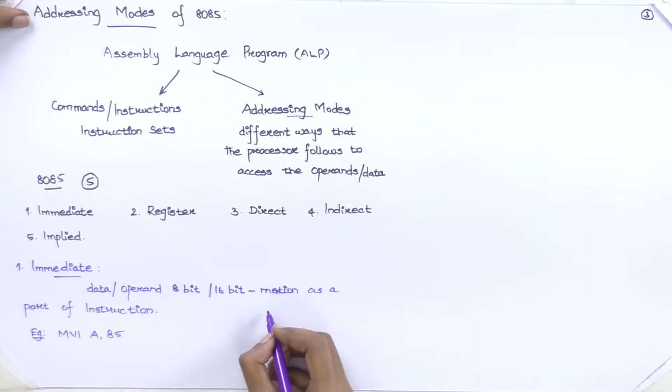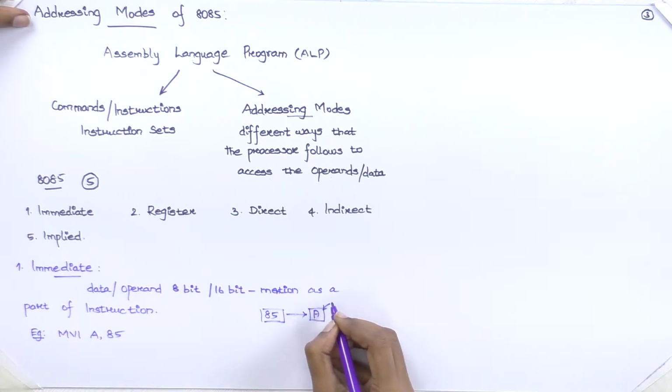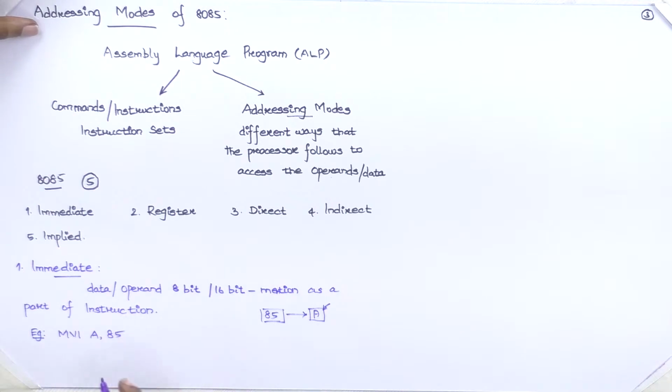Here I want to store this 85 value in the accumulator register, which resides in the microprocessor. This we have seen in the previous video lecture. Here 85 is the operand which we want to move into the accumulator. Don't worry about this instruction; in detail we will see it in the next lecture.